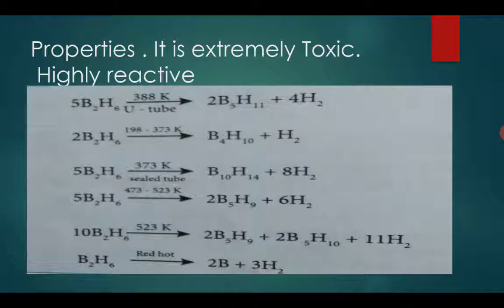Similarly, at 523 Kelvin, the next equation gives B5H9. In the last equation, at red hot, when the temperature is very high, diborane gives boron separately and hydrogen gas separately. That is, at red hot, it dissociates into its components, boron and hydrogen.